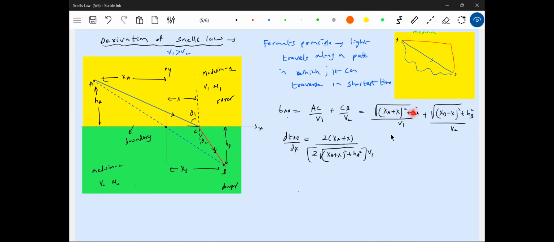As ha is constant, its derivative will be 0. With respect to x we derived, so this will be the equation. Similarly, this will be 1 divided by 2 under root of (xb minus x) whole squared plus hb squared, and the derivative will become 2 times (xb minus x).